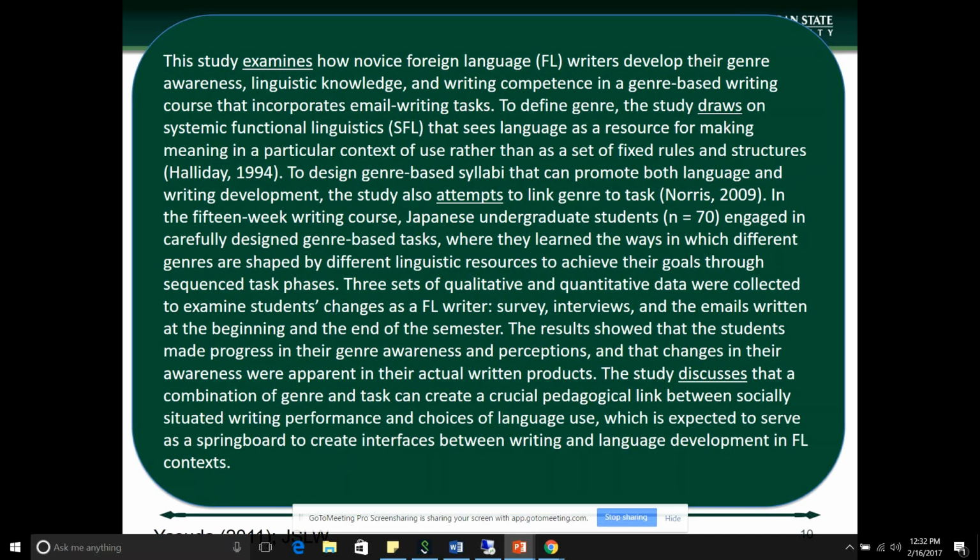So in this particular example, what I've done is I've underlined the verbs that follow the subject, this study, or their study. And this is one way teachers can draw students' attention to the language that's actually being used. In this case, we can see 4 different verbs. So the author of this abstract is trying to draw on a range of vocabulary.